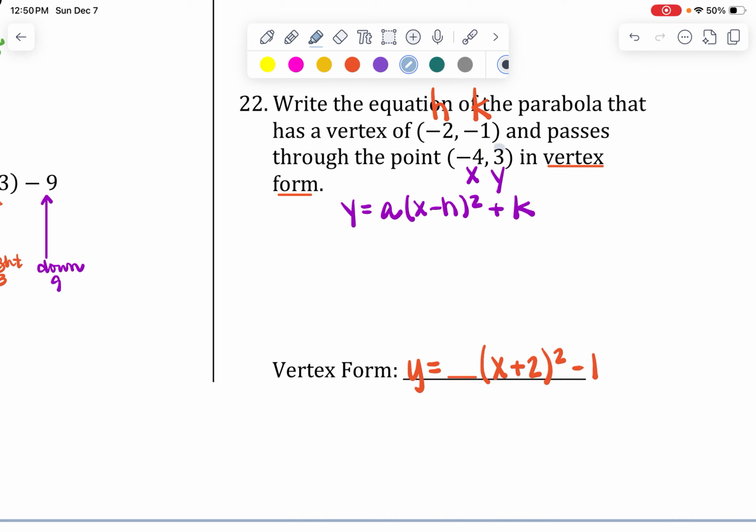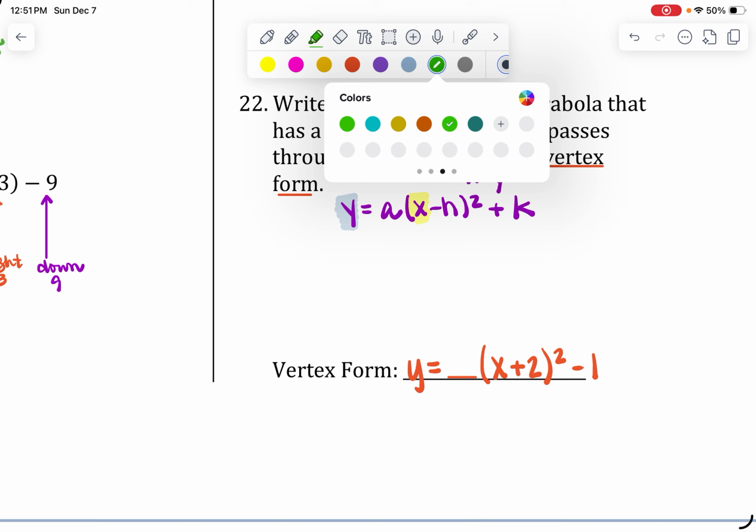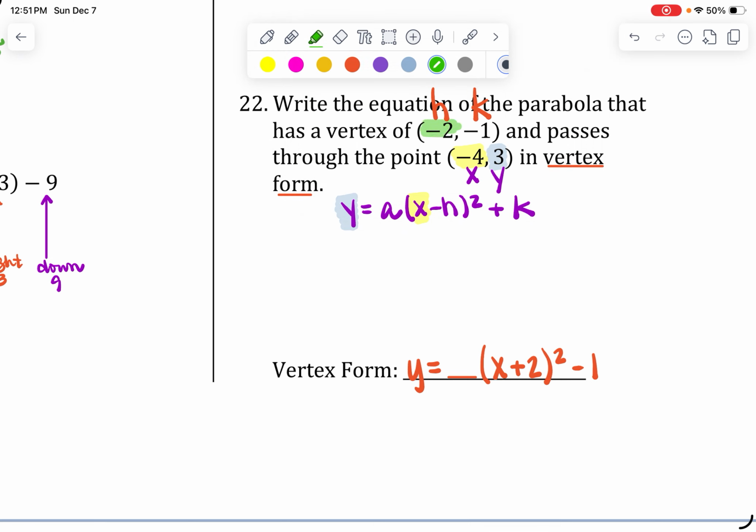I'm going to color code this just so I don't lose anybody. So that's my y, so I'm going to put that here. And then my x value goes for the x. And then, let me get a different green color. And then my h is going to go right here in for the h. And then my k value of -1 is going to go in here. All right, so you're going to put the x, the y, the h, the k.